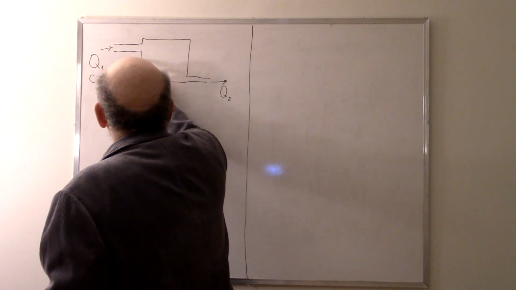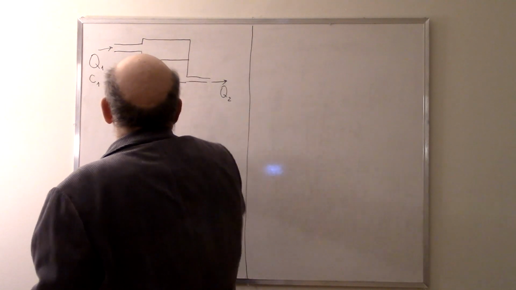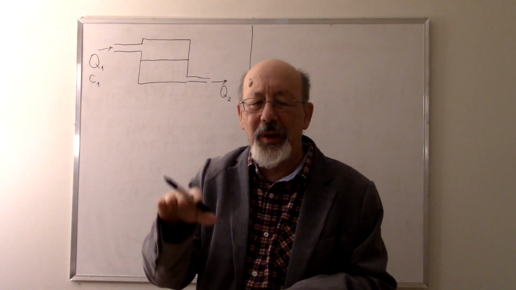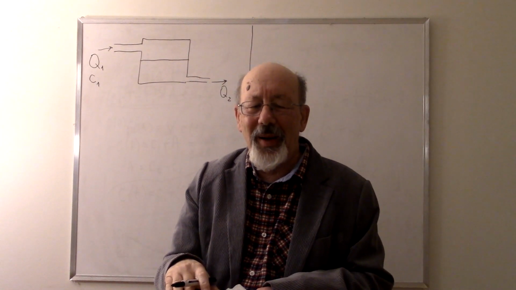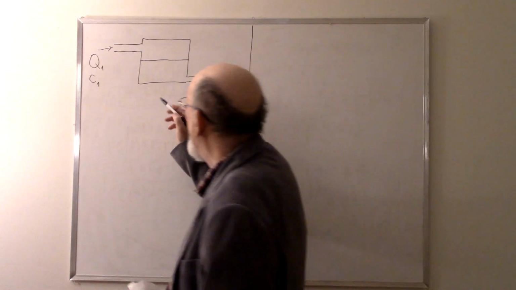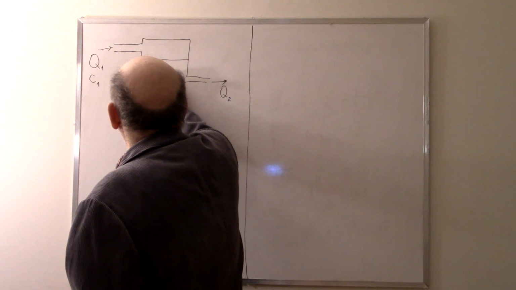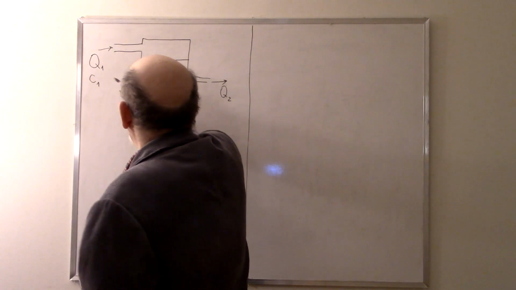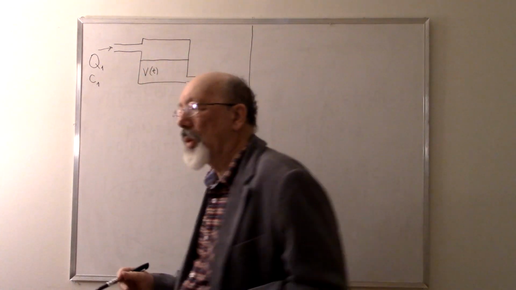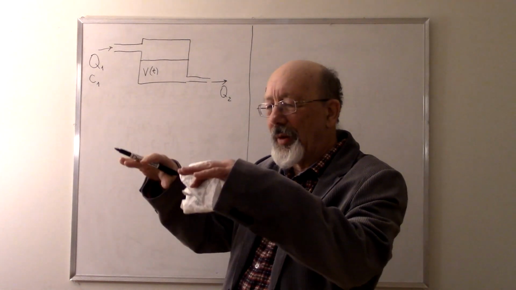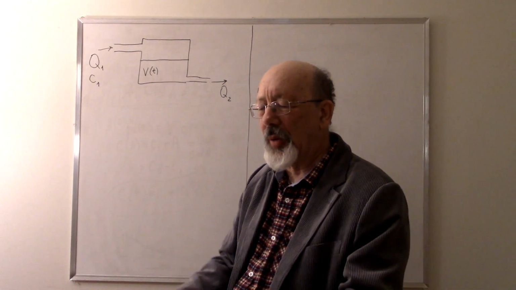Here we have some volume of water. Initially it did not fill all the tank. And here we have, first of all, a volume which depends on t, because Q1 is different from Q2. So if Q1 is more than Q2, then the water level goes up, otherwise it goes down.